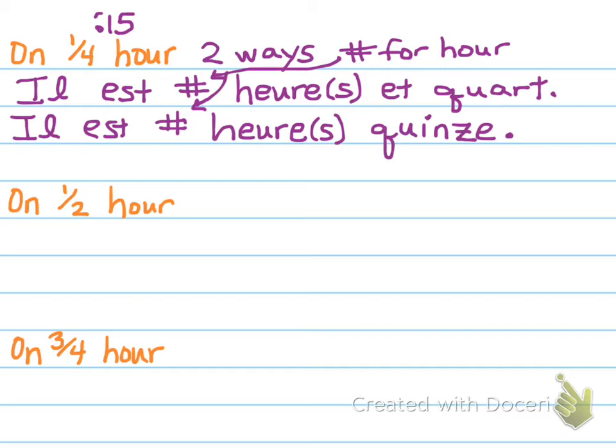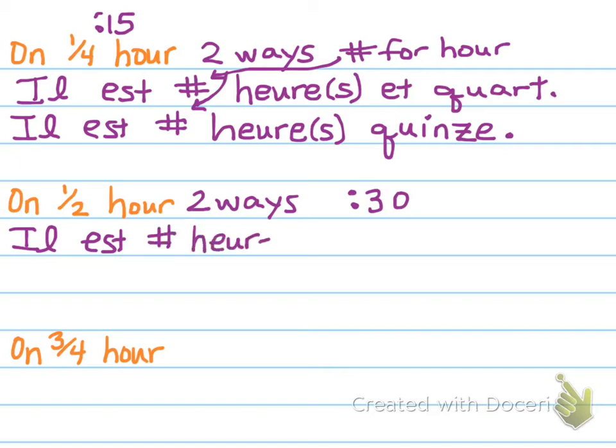Same thing on the half hour, right? There are going to be two ways to say this. I can use the word for half, and I can use the word for 30. So using the word for half, it's going to be il est, number, et demie. Now, if you like the Percy Jackson movies, you might remember that Percy Jackson was a demigod.